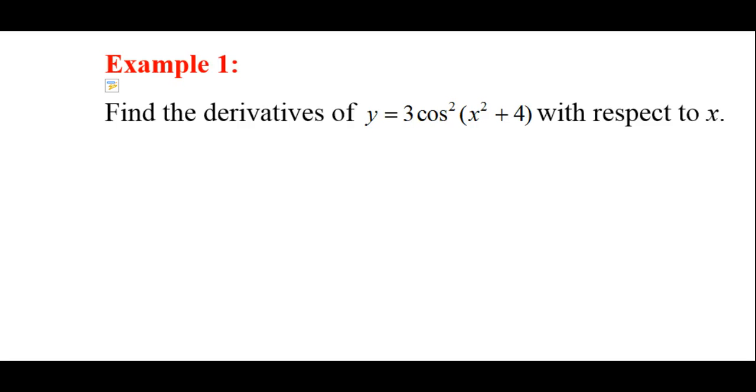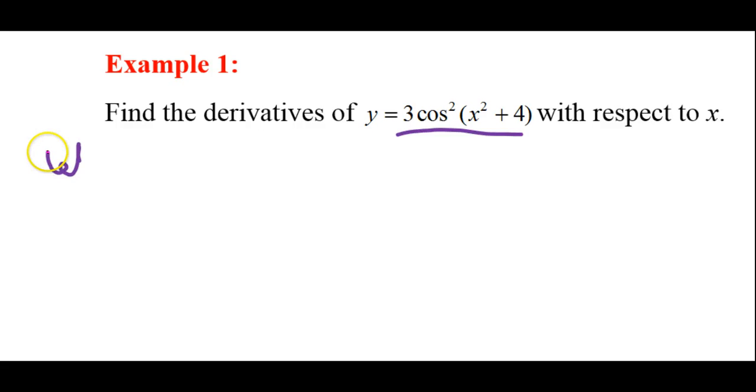Now let's look at one example here under the higher powers of trig. Now if I have y equals this function given, and I want to differentiate with respect to x, here I can use the chain rule, because I have the power 2, which means it's a function within a function.